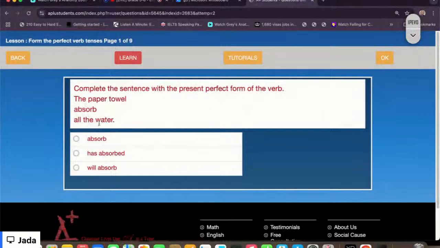All right, so the paper towel absorbed all the water. So complete the sentence with the present perfect form of the verb. So is it absorb, has absorbed, or will absorb?